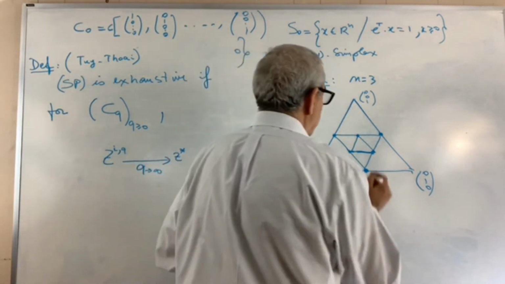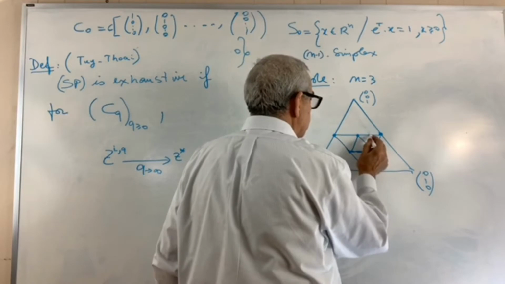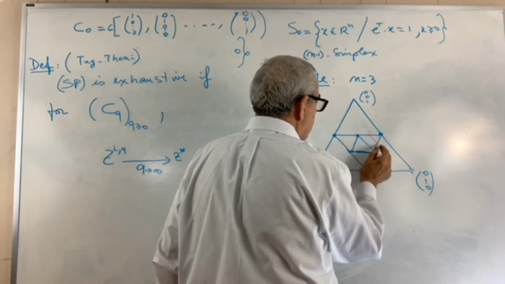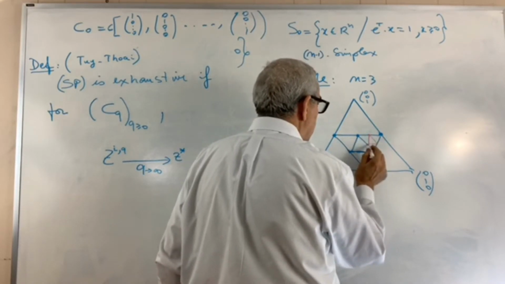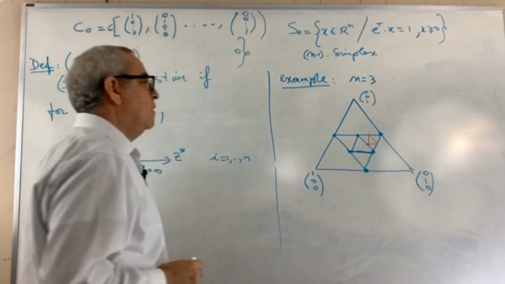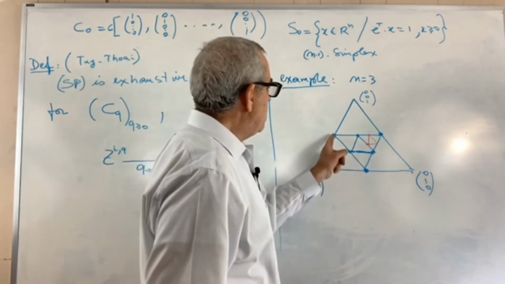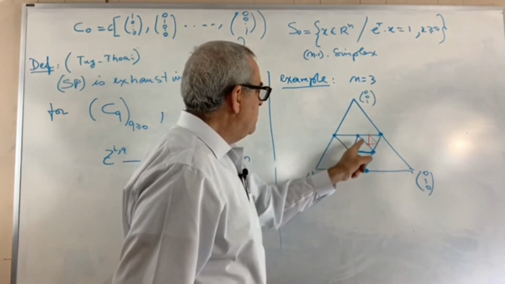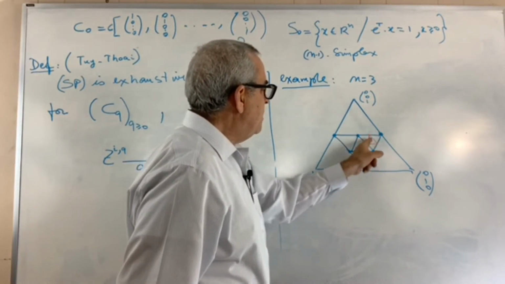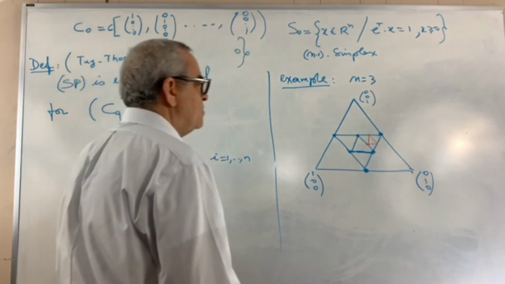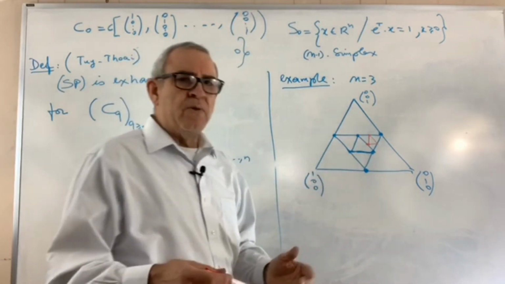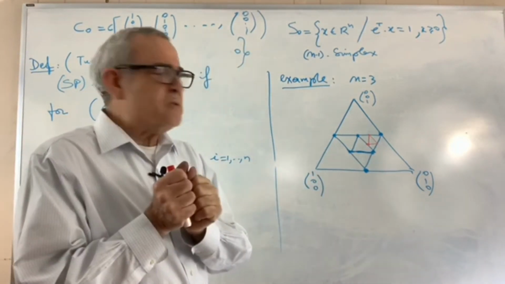Now I pick this one, and I do the same thing. And so forth. So we started with the original one, then we went to this one here, then to this one here, and then let's say we pick this one. So you see that any sequence of nested cones is going to collapse to a single ray.